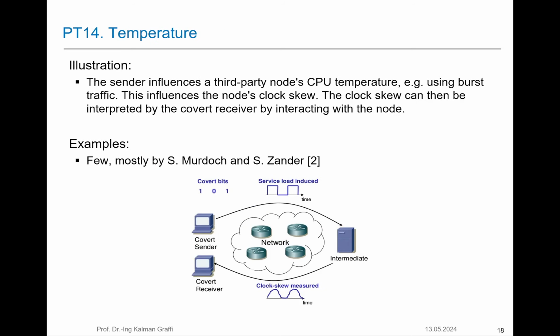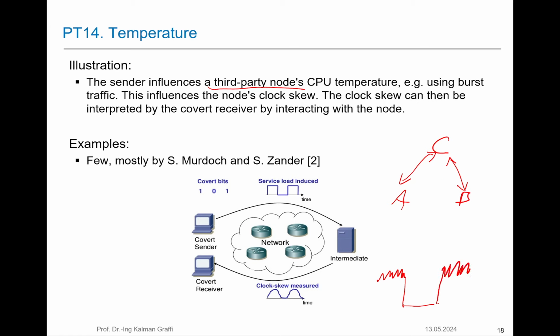And load, that's also indirect. So A wants to communicate with B, and there's a third-party node C, and basically they are already in interaction with each other. That could be, I don't know, a web server or so. B wants to learn what A has to say, and let's say if A wants to signal a 1, then it causes lots of load on C. If it wants to signal a 0, it doesn't cause load on C. Again, 1, lots of load.